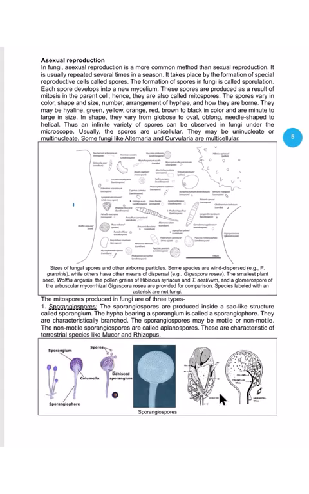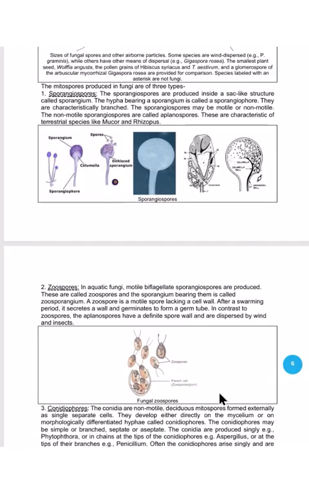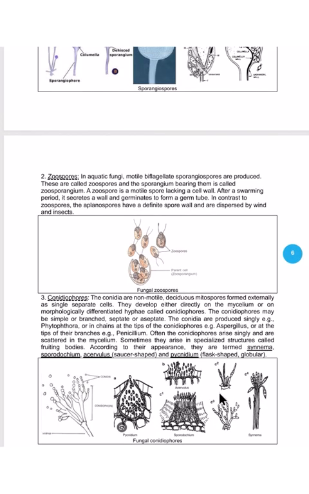The other type of spores is the zoospores, and these are motile, unlike the aplanospores. These are found in aquatic fungi, that means the fungi that live in water. As you can see here, they have flagella, biflagellated zoospores.